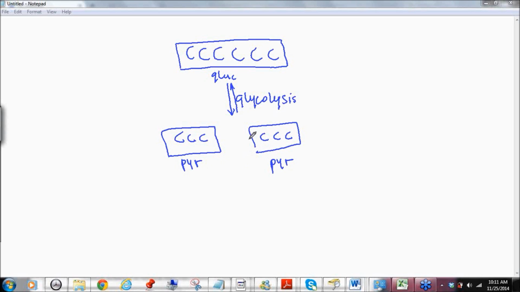Glycolysis itself, while you're splitting the glucose in half, will yield 2 ATP molecules, and this process does not require oxygen at all. If you want to keep going and get more ATPs out of these pyruvate molecules, you would have to put each pyruvate molecule through a special step.